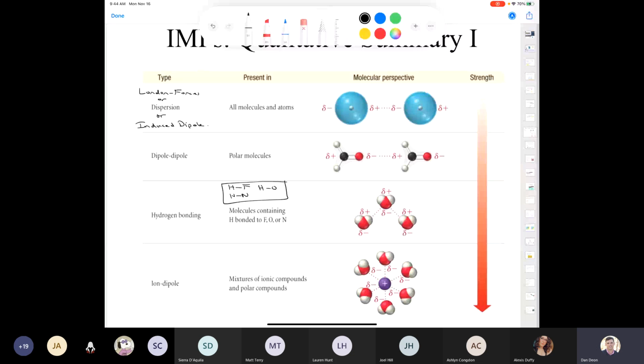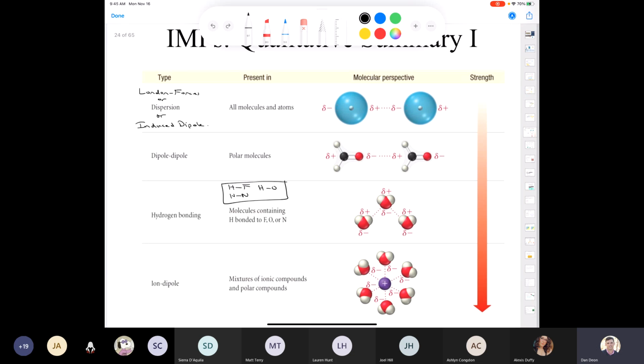Those are the only three atoms that meet the criteria. Chlorine, iodine, those don't meet the criteria. They are polar molecules, like HCl is a polar molecule, but the strength of the interaction between the delta negative on chlorine and the delta positive on the hydrogen of HCl would not fall under the category of the strength of hydrogen bonding. And then the very first one we actually looked at was the ion dipole.